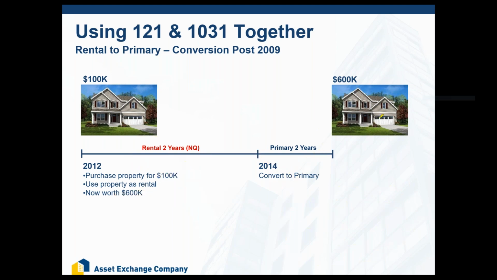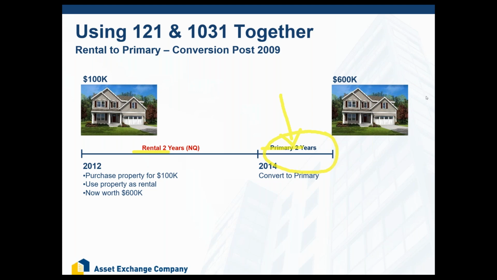It is. But so many people did that the government limited your ability to move into a rental property and take your homeowner's exemption. The government says now that when you move into a rental property, you can only take your homeowner's exemption for the gains associated with the years that you lived there.